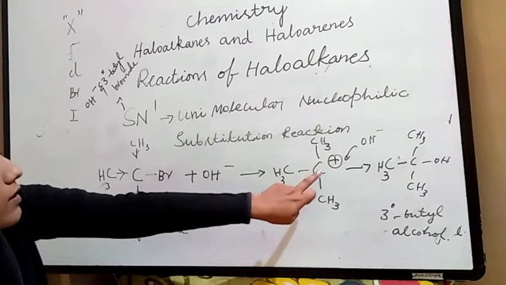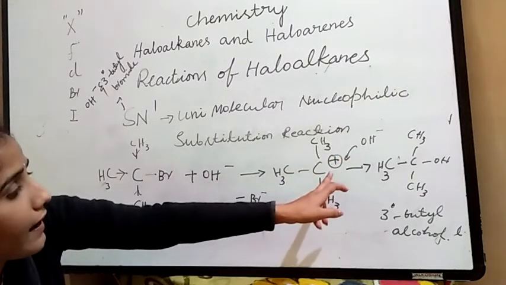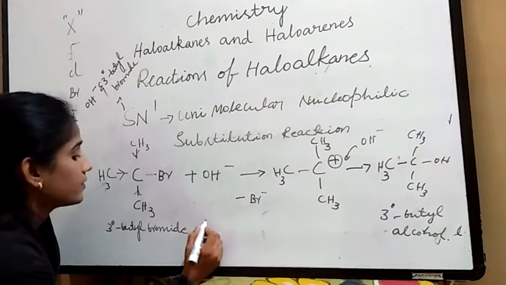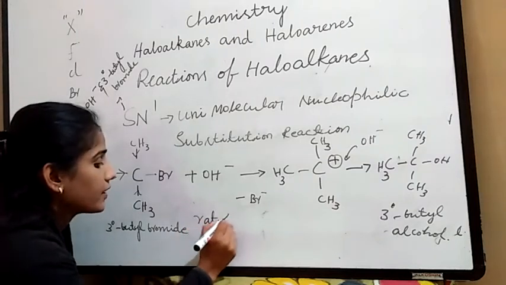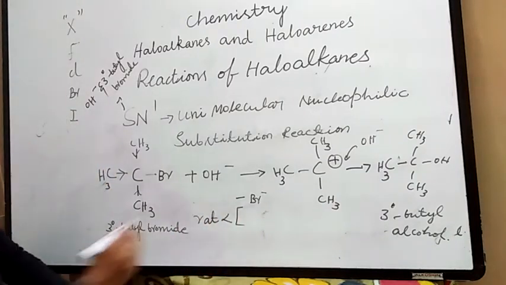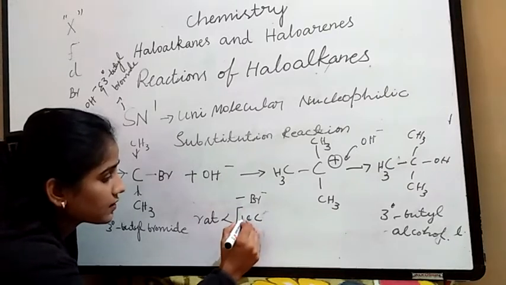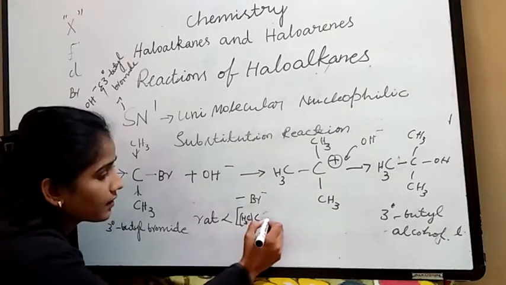The OH minus nucleophile will attack the tertiary carbocation and later form tertiary butyl alcohol.